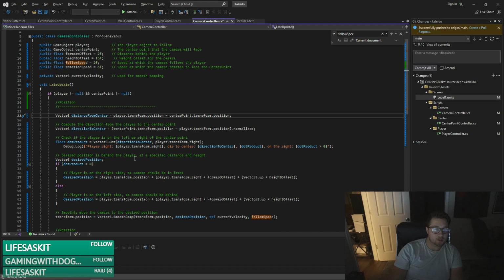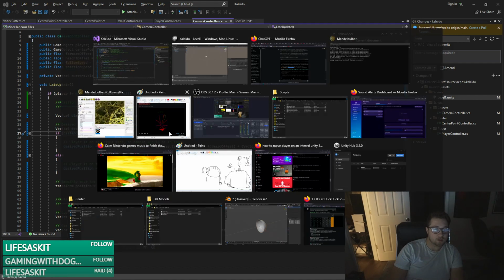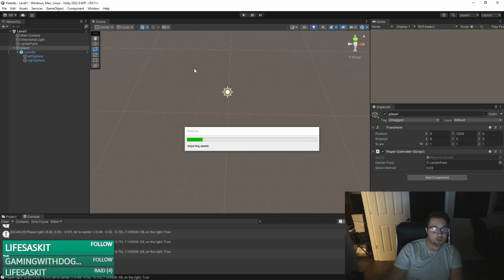And then we can literally get rid of all this. If distance from center.y is greater, not y, x. X is greater than 0, it's on the right side. It's literally that simple.